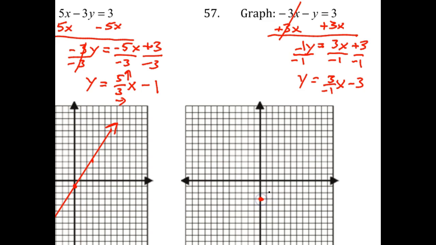So start at negative 3, and we're going to go up 3, and since it's negative on the bottom, it's going to be left. So up 3, left 1. There we go. Straight edge, equal sign, no shading.